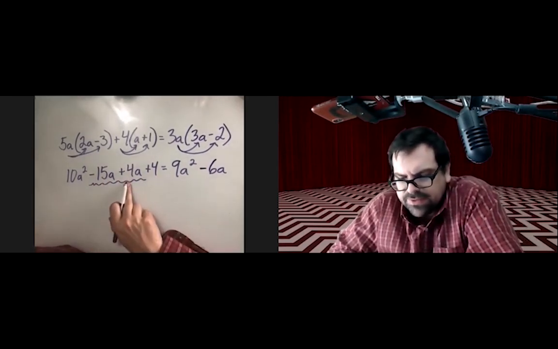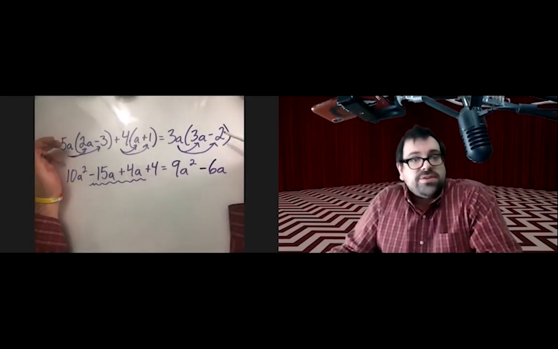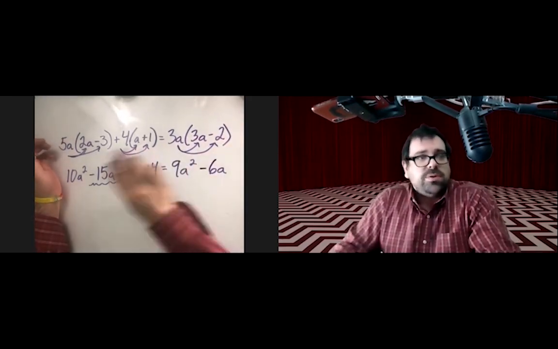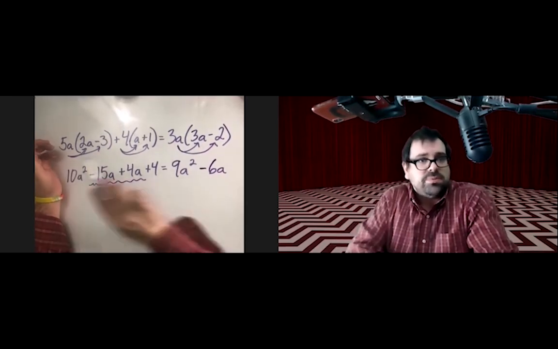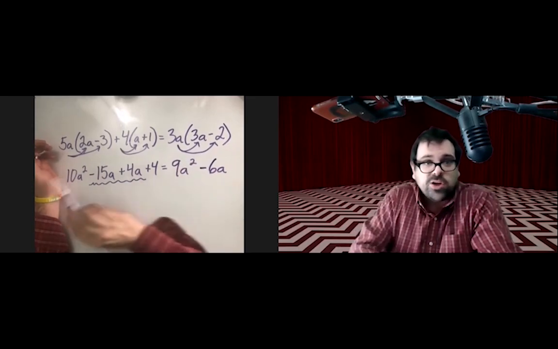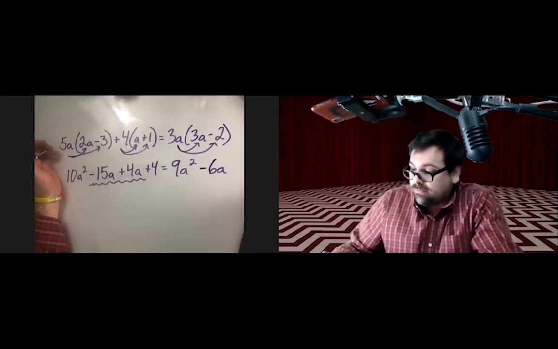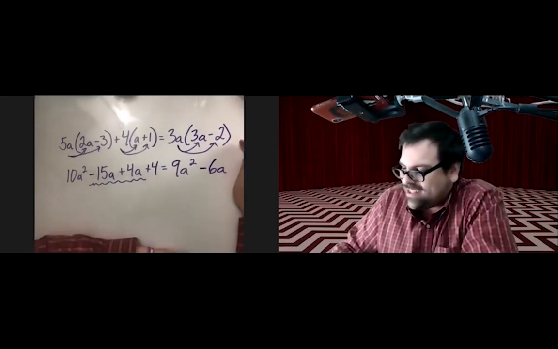Negative 15a plus 4a. Wait a minute, what am I doing? Step 1 of solving any equation, distribute to clear parentheses. We see parentheses and we're like, no, no, no, we don't want parentheses. Can't believe that worked as well as it did.